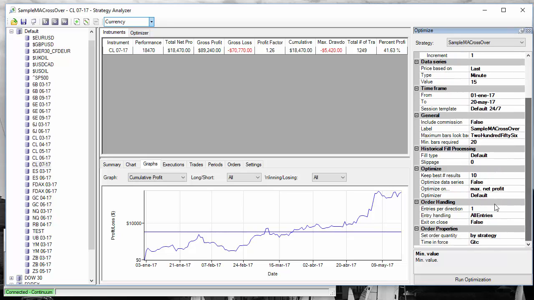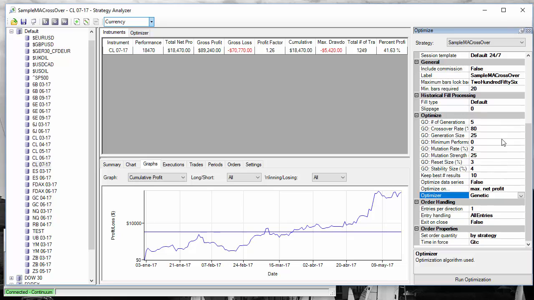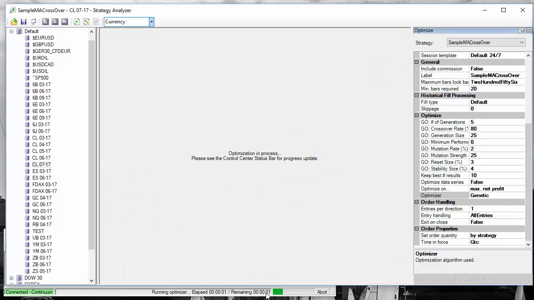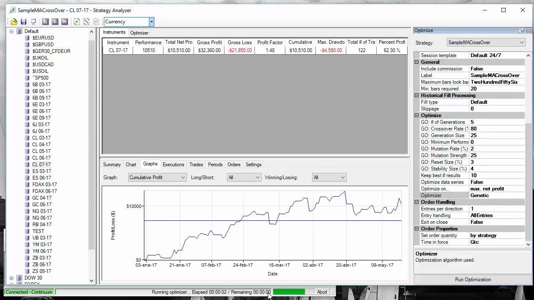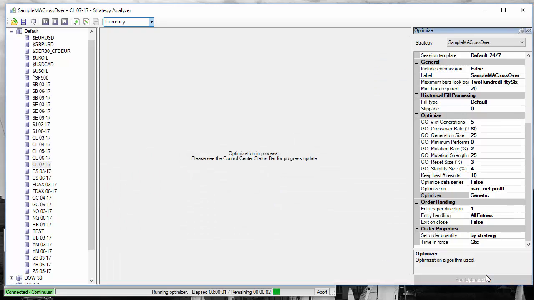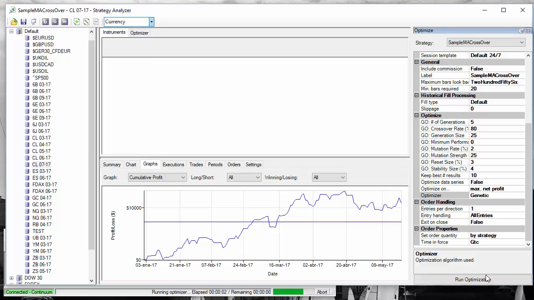The other method, which is much faster, is the genetic optimizer. With the default settings, it is a very quick report, as we can see, but it also takes just a few samples, maybe too little number of samples, so we may not be getting the best option.